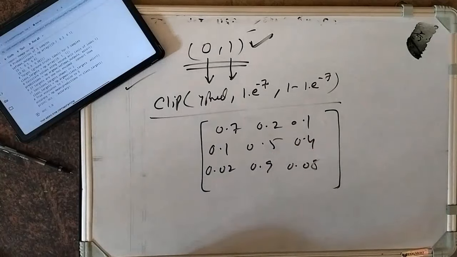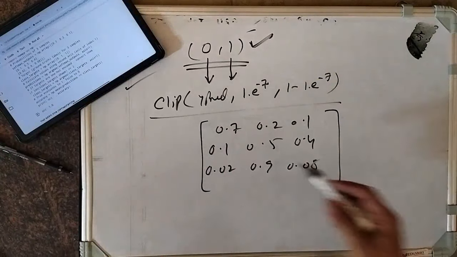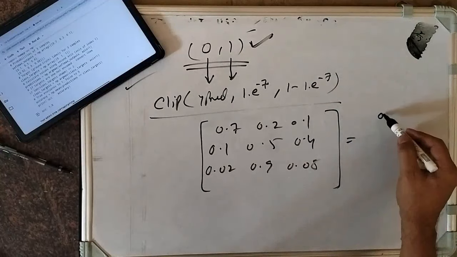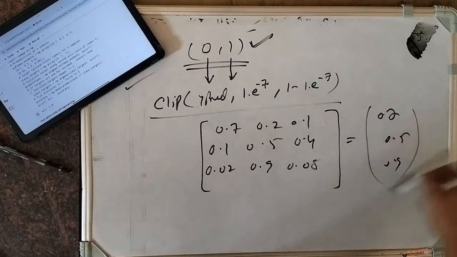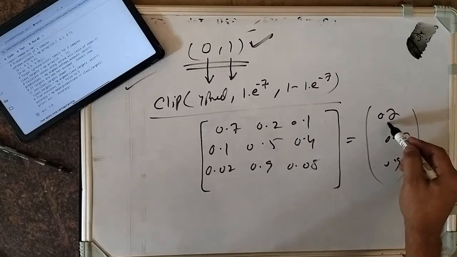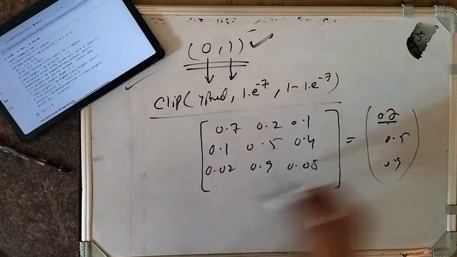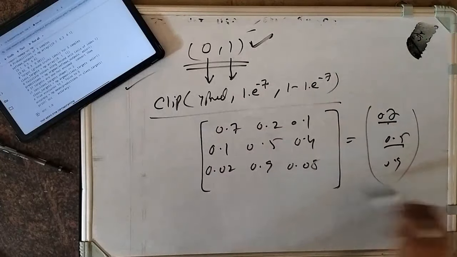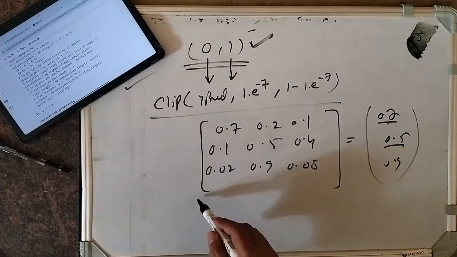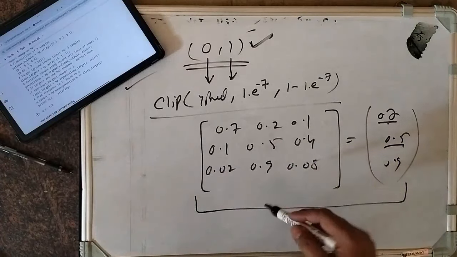In this matrix, suppose the outputs are 0.7, 0.5 and 0.9. Whatever output you got, this output is the max from here, this is the max from here, and this is the max from here. So how much is the accuracy?